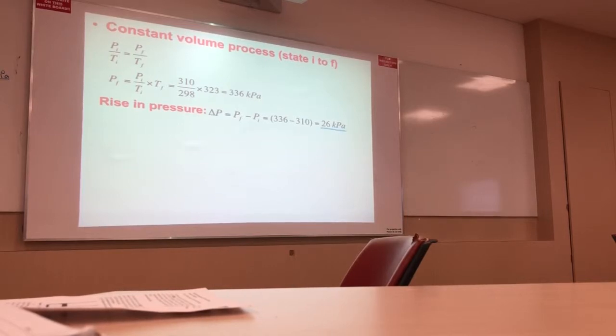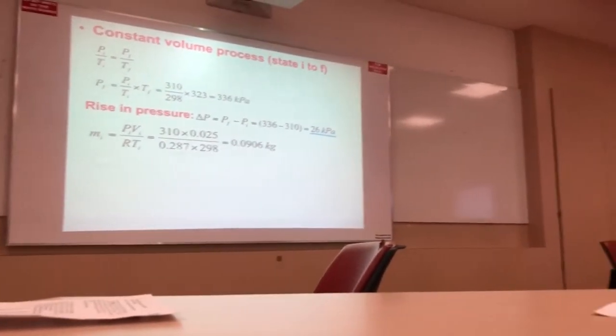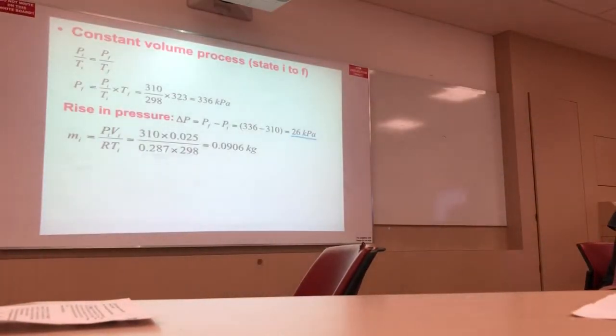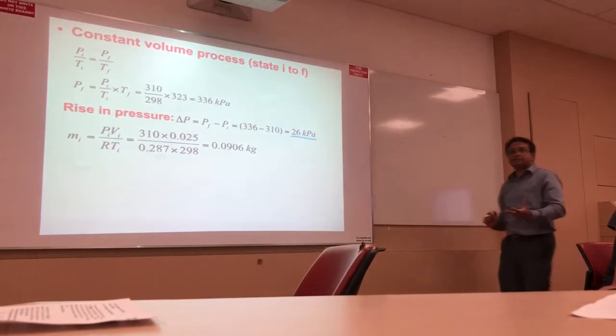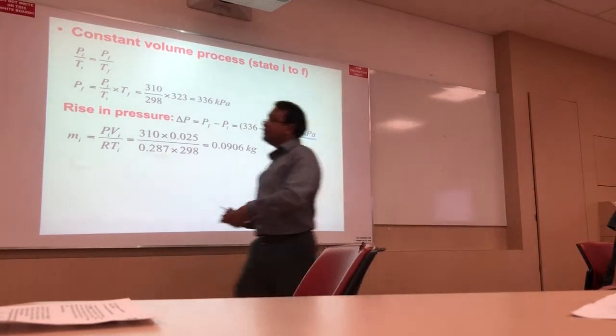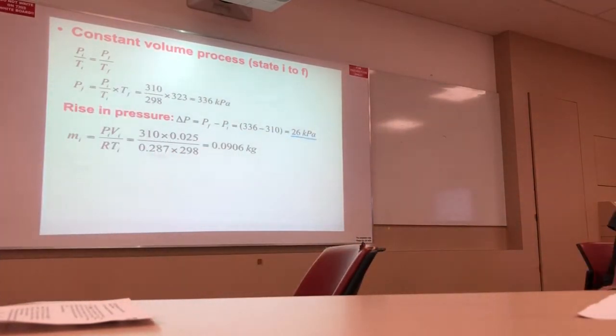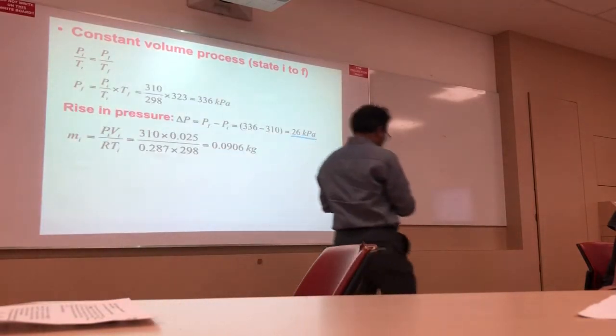Now, secondly, what happens? I release some air from the tire. Then temperature is 50 degrees Celsius, but pressure drops to 310. Right, what I did here, I explain here.